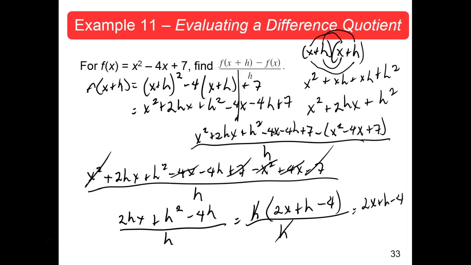Those who do, after a while, you'll learn the easy way to take a derivative, and that is multiply the exponent times the coefficient. 2 times 1 is 2. Reduce this by 1, 2x. Same thing here. 1 times a minus 4 is minus 4. Reduce this exponent by 1. That gives you a 0. So you get 2x minus 4. This is how we get a derivative by the limit method.